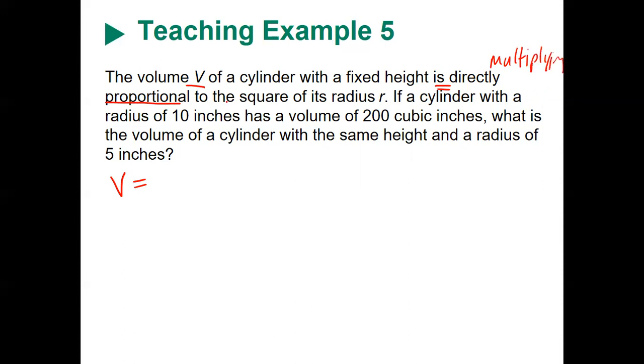V is directly proportional to the square of the radius. So it's some value, that's the direct proportion constant, times the square of the radius. So that's our equation that we're working with. V equals K R squared.